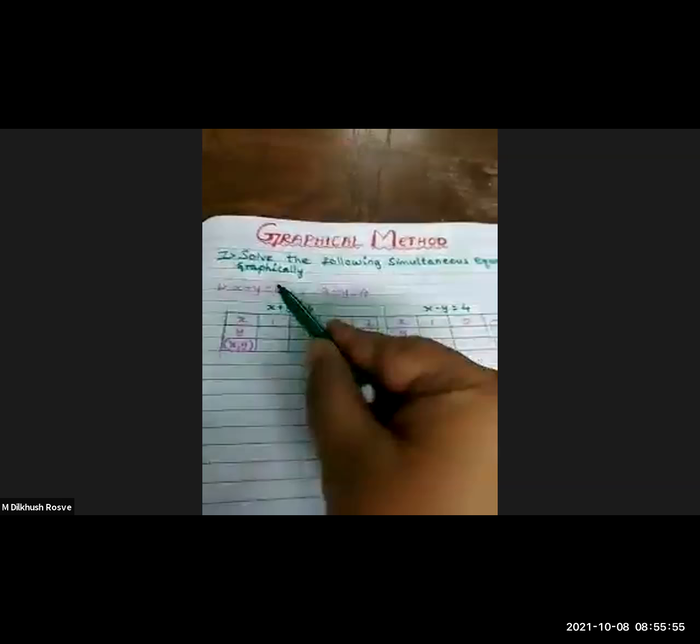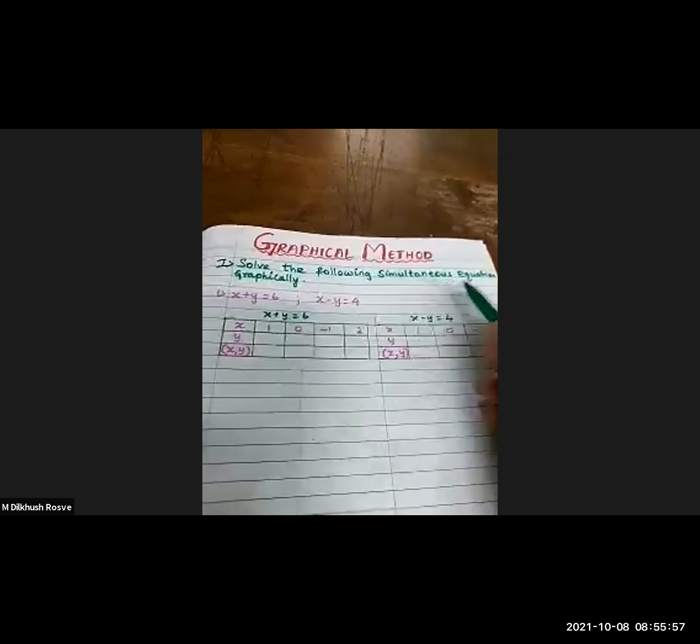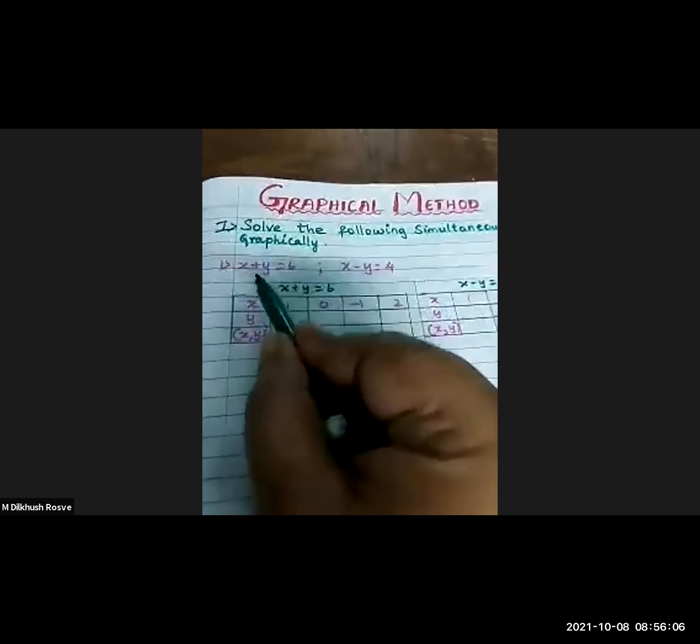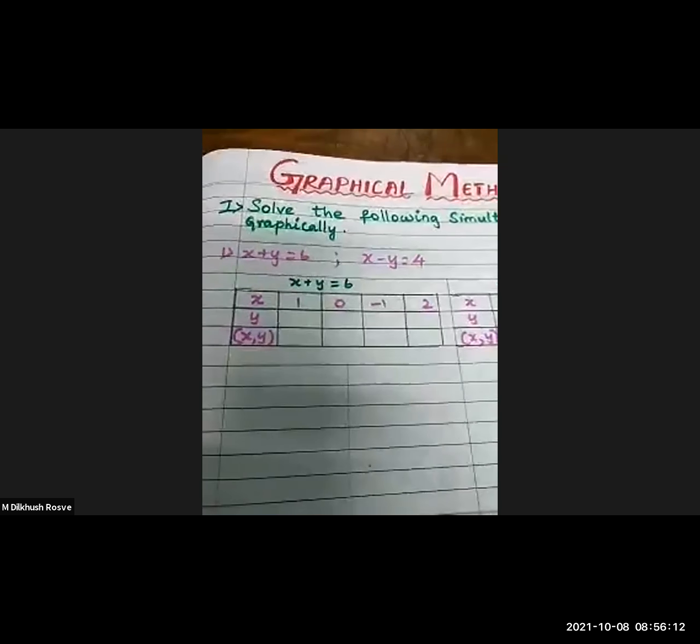So how the question will be: solve the following simultaneous equations graphically. They will be giving the question like this: x plus y equal to 6, x minus y equal to 4. So this is one simultaneous equation.